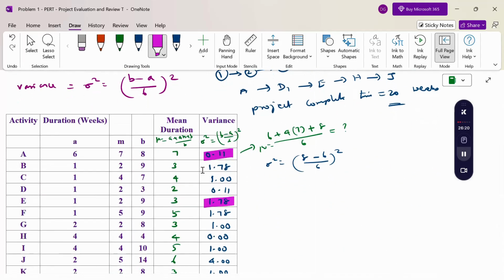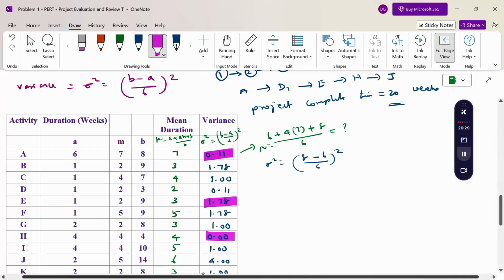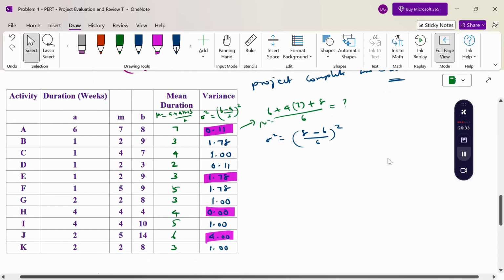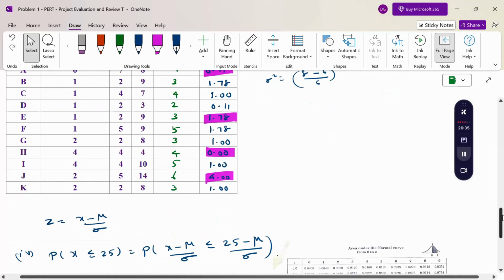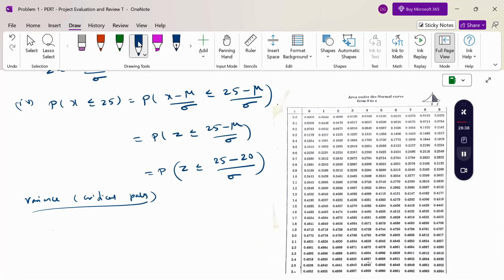So this is our critical path variance. Just add these values: 0.11 plus 1.78 plus 0.00 plus 4.00, so sigma square, the variance, equals 5.89 weeks.